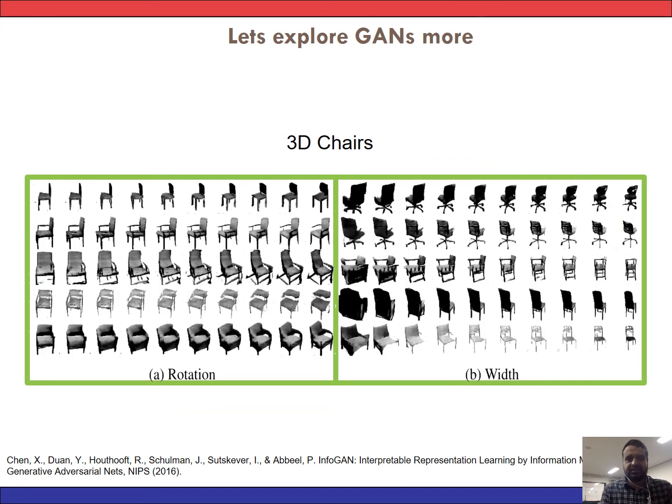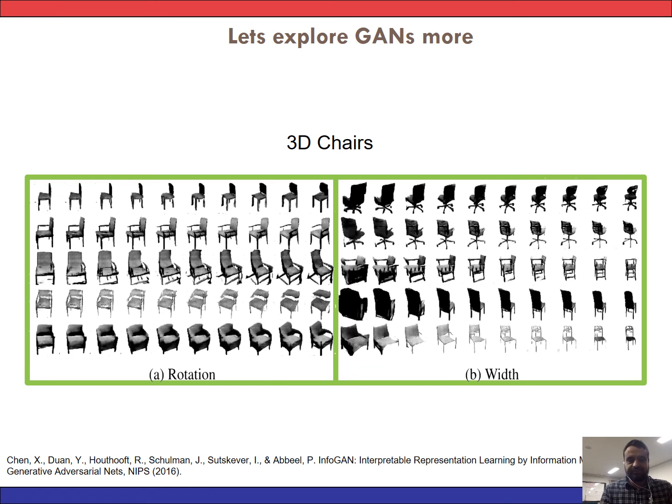Similarly, this is the second example. We want to find which dimension of the latent space corresponds to the rotation, and which dimension corresponds to the width of the chair.